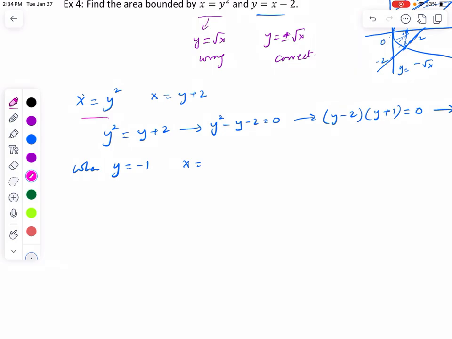So both ways you get x is equal to 1. Then y is 2, x is, again from both of them you get x equal to 4. So these are the bounds on x.